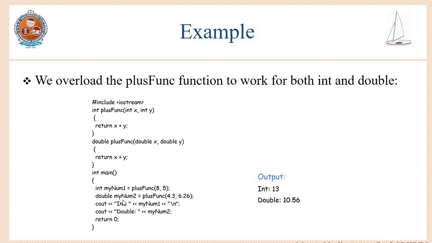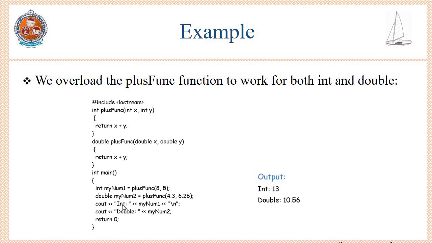A double variable, my number2, is declared, and here I am calling a function of double type. It goes to the function definition of double plus function, double x, double y. These values are copied here, added, and written back to my number 2.